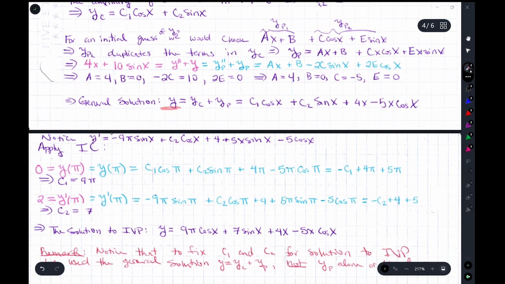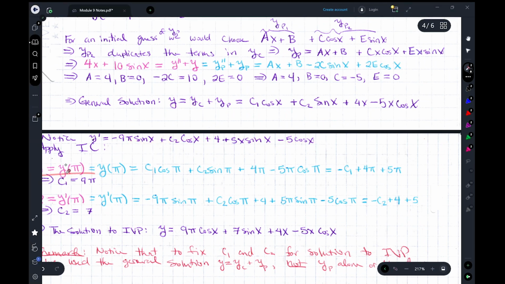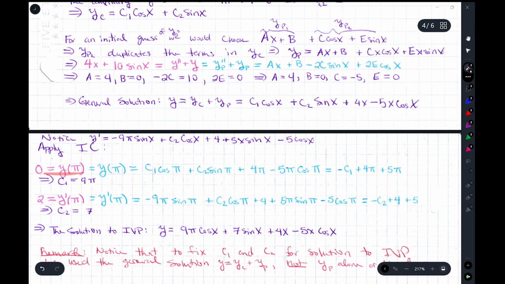So if we take the derivative of y, we get this over here, and we're going to apply the initial conditions. The first one, coming from the problem in pink, needs to equal what happens when we plug pi into our general solution, okay? And notice this is the whole general solution.